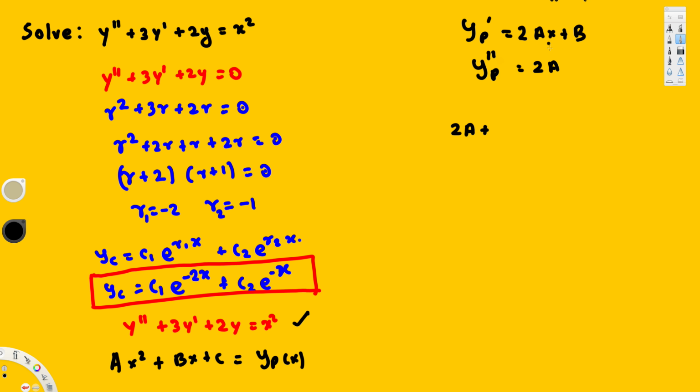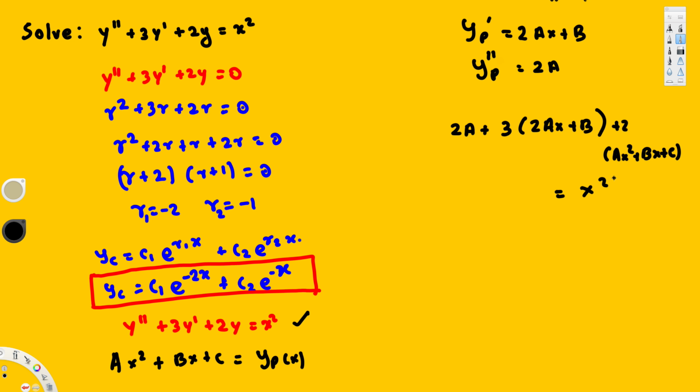We found y prime right here, so that's going to be 3 times 2ax plus b, and then after that 2 times y. y is our main function, this function right here. That's going to be 2 times ax square plus bx plus c, that is equal to x square.